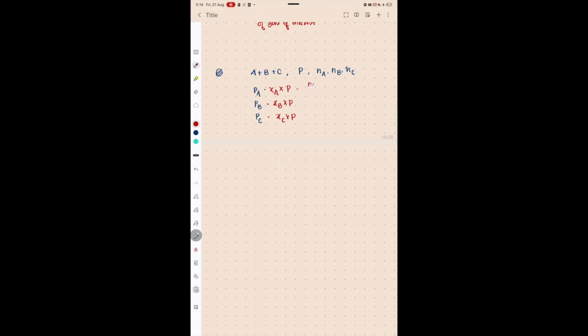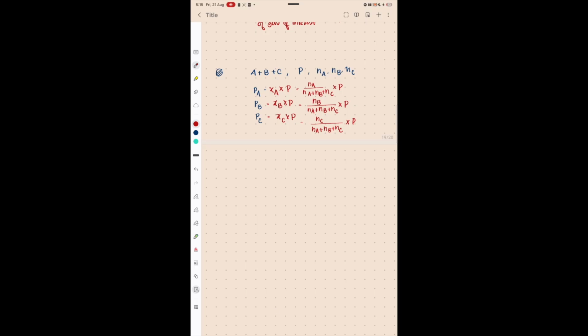If I write that, that will be Na divided by total number of moles, Na plus Nb plus Nc, into P. This will be Nb divided by Na plus Nb plus Nc into P. This will be Nc divided by total number of moles into P, right? So this is how we can calculate.